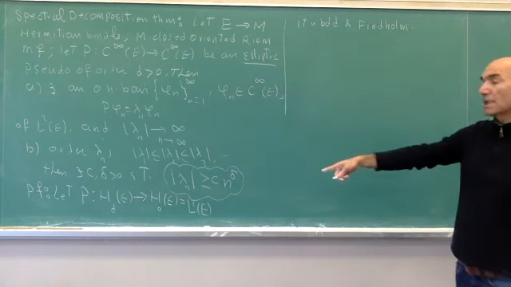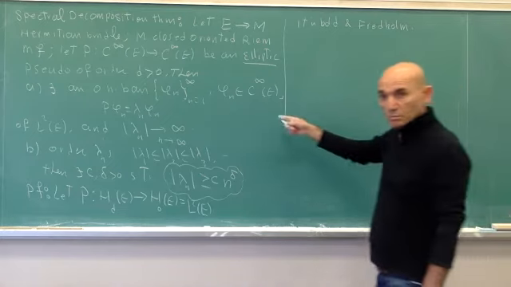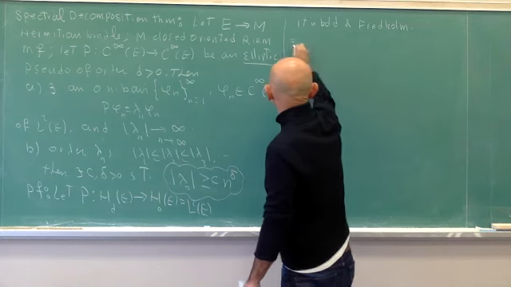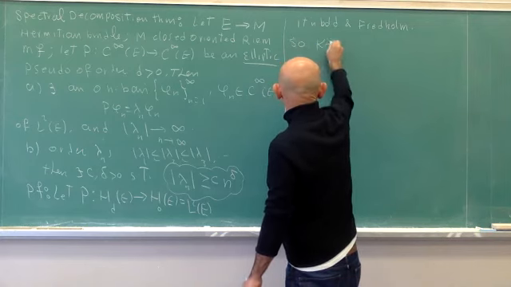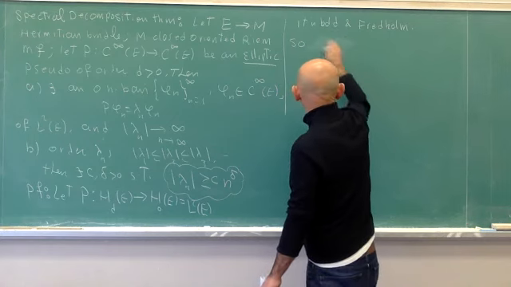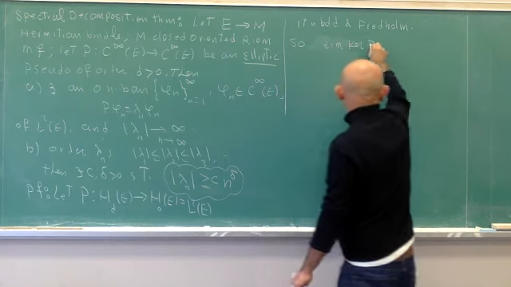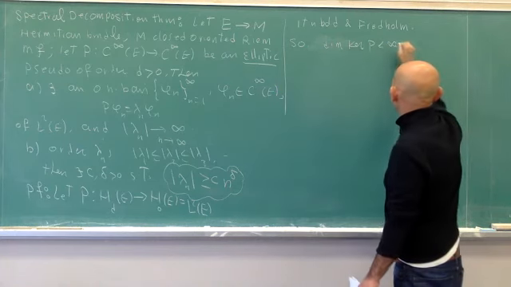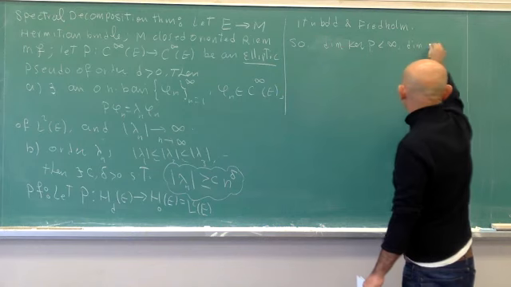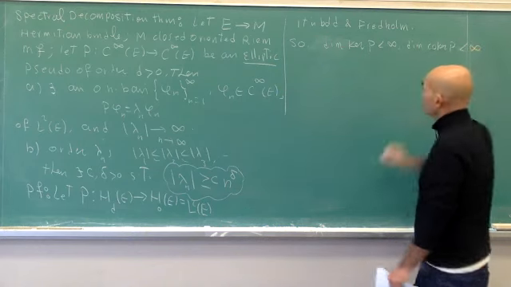Then it means that it has finite dimensional kernel and finite dimensional co-kernel. So the dimension of the kernel of P is less than infinity, and the dimension of the co-kernel of P is also less than infinity.